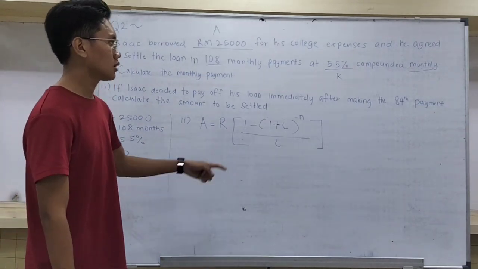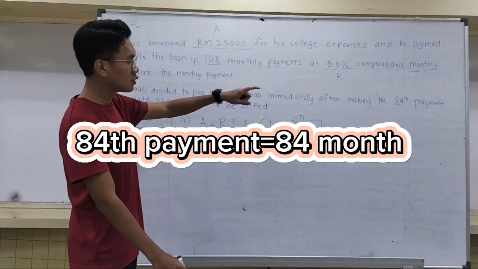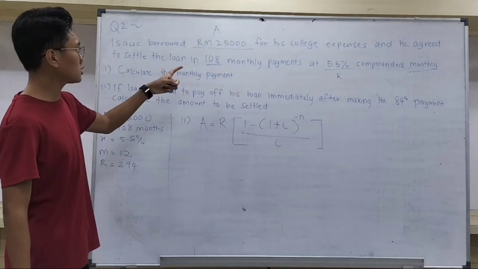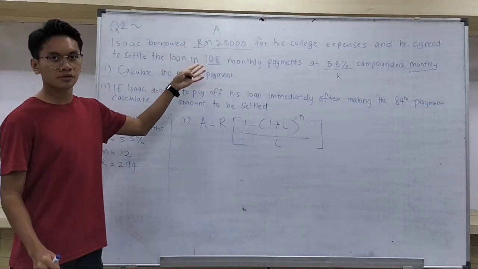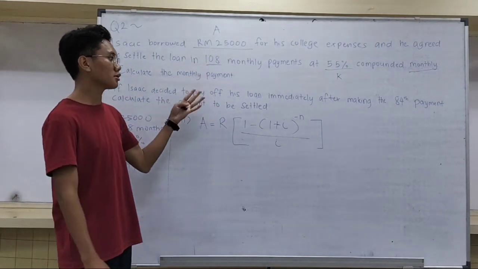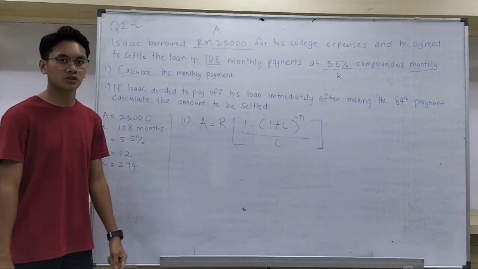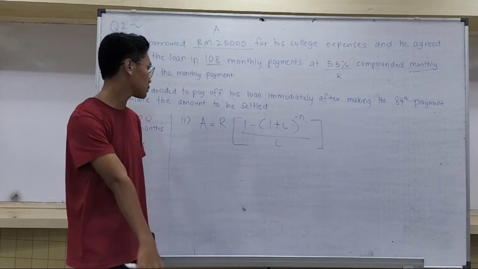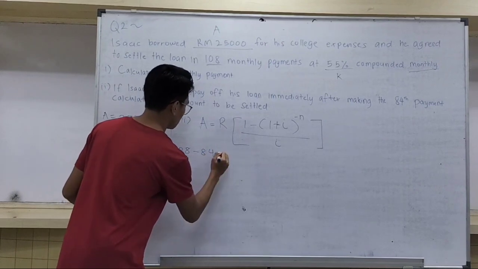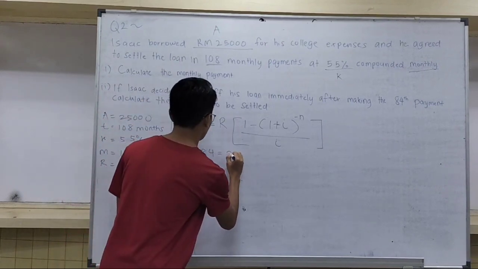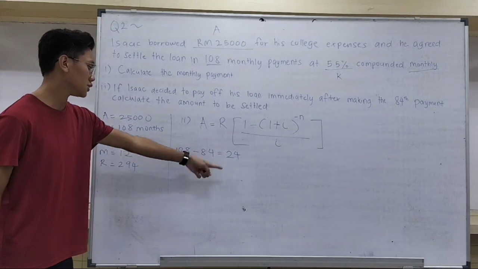Then, after making the 84th payment, when we look at the question, the total number of monthly payments is 108, right? But he already made the 84th payment, so we need to subtract: 108 minus 84 equals 24. So this is the new t.